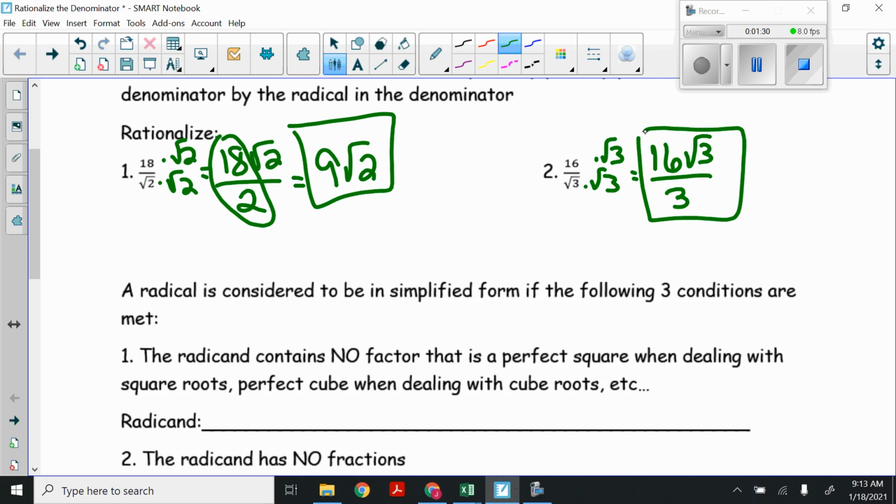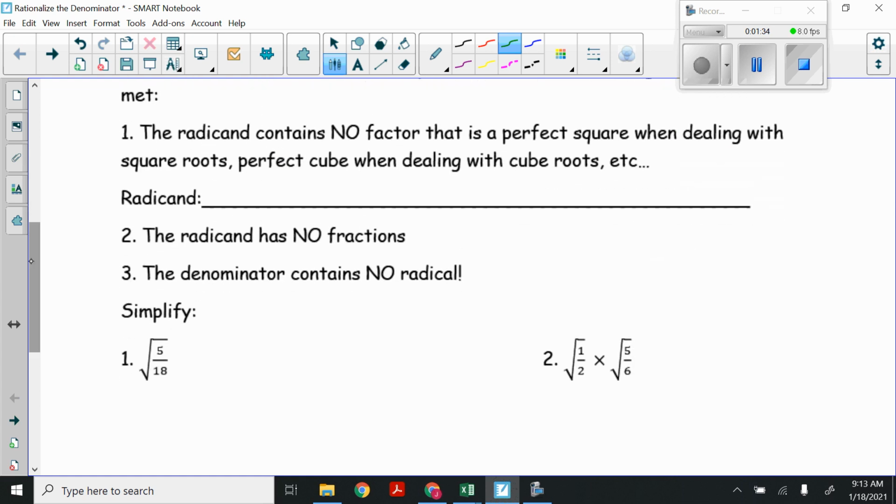So a radical is considered to be in simplified form if the following 3 conditions are met. Number 1, the radicand contains no factor that is a perfect square when dealing with square roots, a perfect cube when dealing with cube roots, etc. Remember that the radicand is the number or variable, anything else, so the number, variable, etc., under the radical.